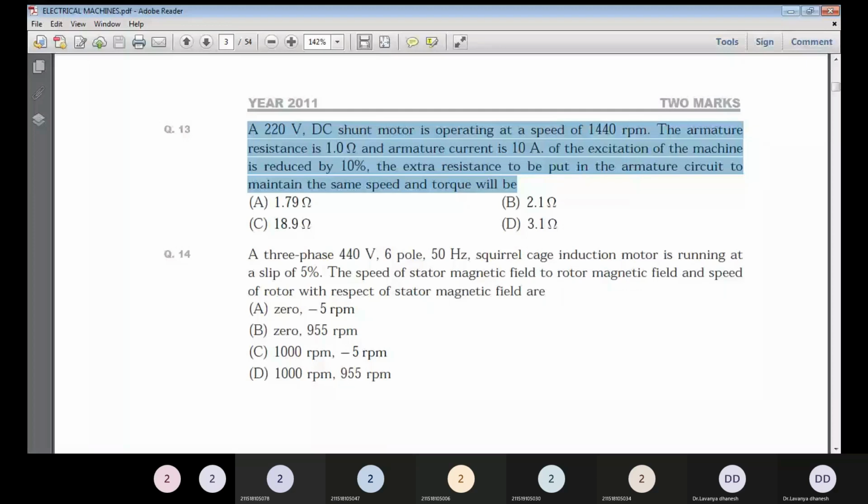Here we will be using this, since we want to find EB2. On expression, we have the expression here.